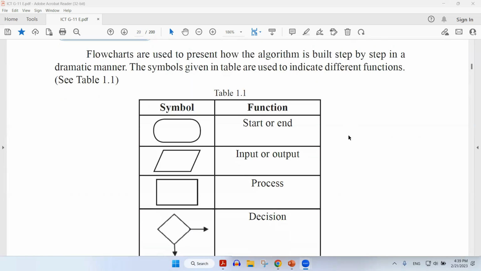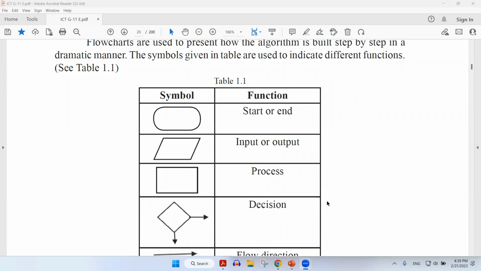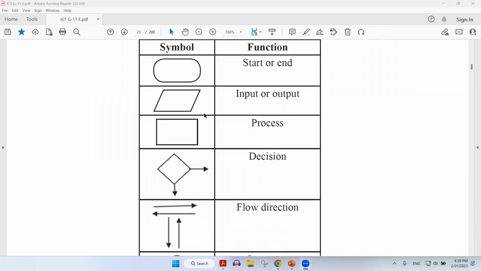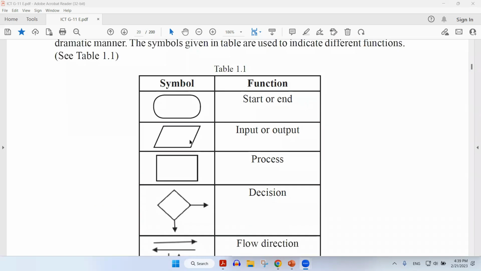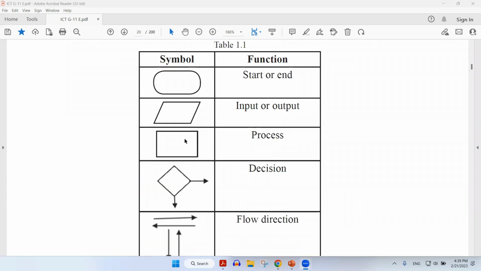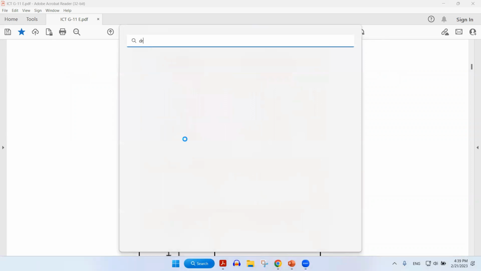So when it comes to the flowchart symbols, this is not a rounded rectangle, people. This is an oval, right? So we use the oval shape to indicate the start and the end of the flowchart, right?